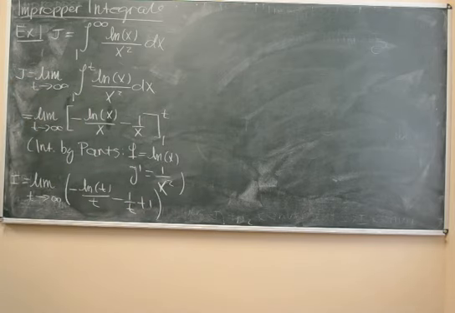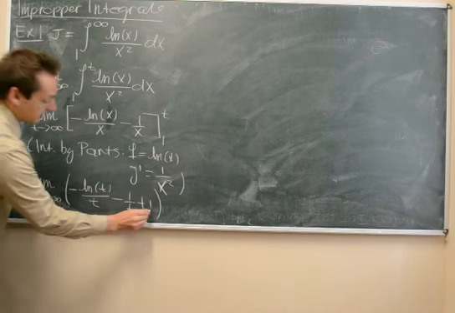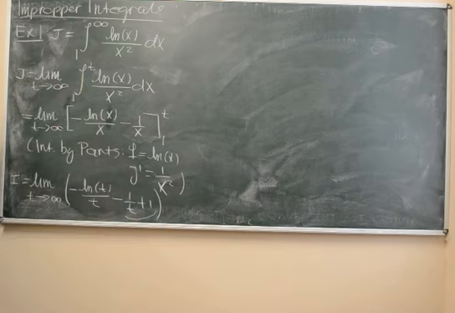Now let's see. Well, 1 over t is going to go to 0 as t goes to infinity, so there's no problem there. 1 is just going to go to 1 as t goes to infinity, so again, there's no problem there. So those terms are taken care of.